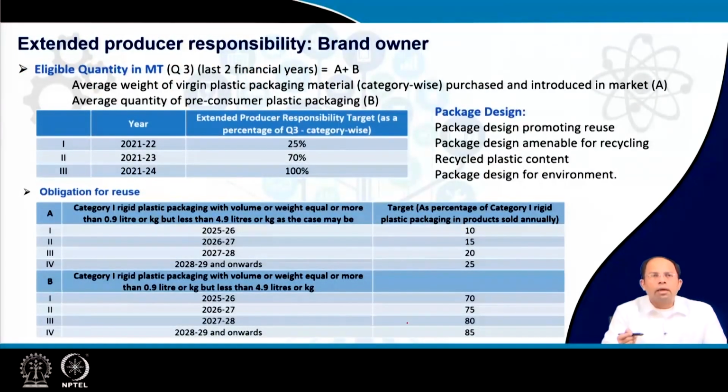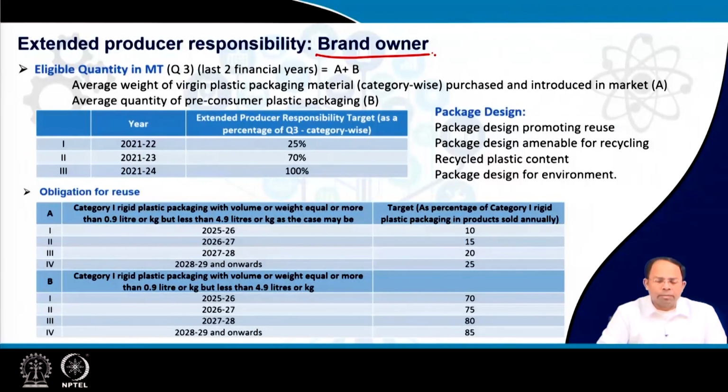When we discuss this in detail, we are not discussing it for the importers or the producers; you can look at the guidelines that are available. What we will discuss are the EPR guidelines for the brand owners. What should the brand owner do?